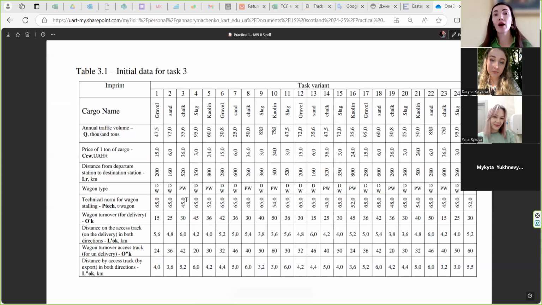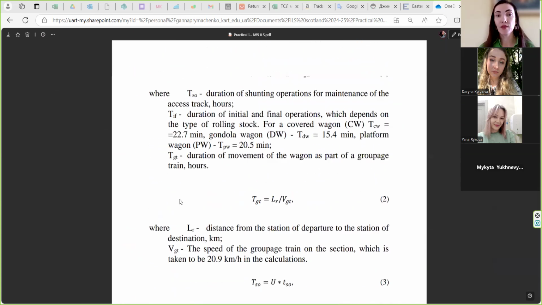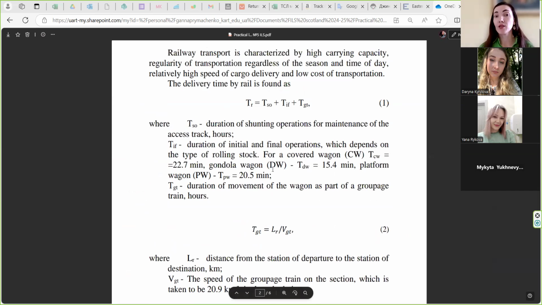And I show our formula number 1. If you have DW, your time is 15.4 minutes. But be careful, because we need to use time in hours: the first part of time with index SO and the third part of time we have in hours, so we can add minutes and hours.